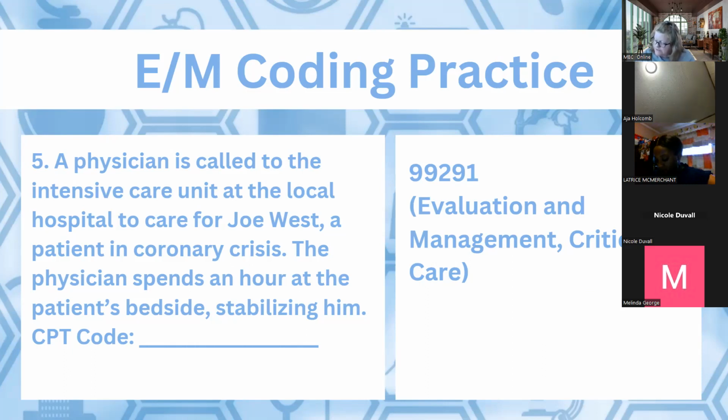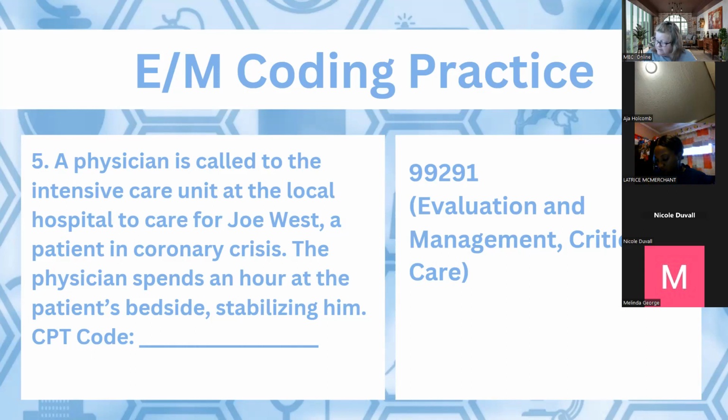All right, if you look down below that box, reporting critical care time, 34 to 74 minutes, which is half hour to an hour and 14 minutes, 99291 times 1. And then the more minutes, you're going to add to that code, right? 99291 times 1.